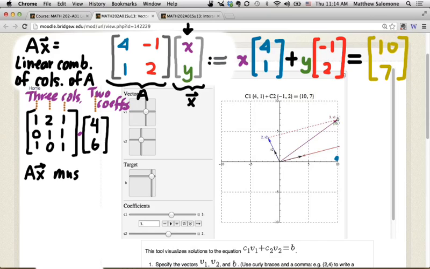Ax must have as many columns in A, the number of columns of A has to be the same as the number of coefficients. In other words, the number of entries in my vector.